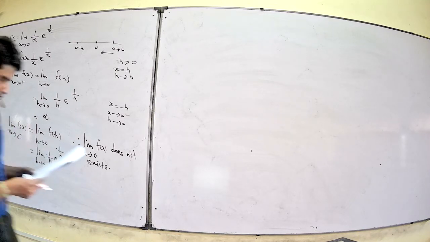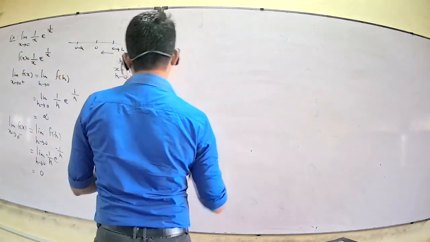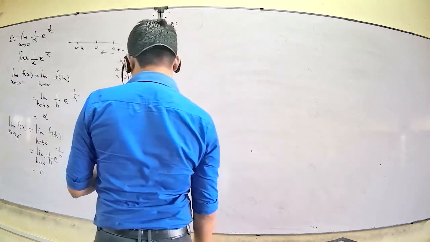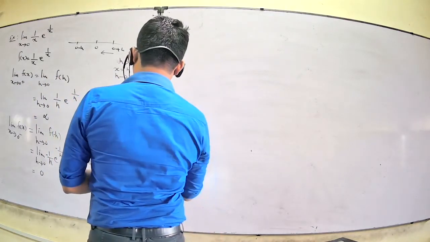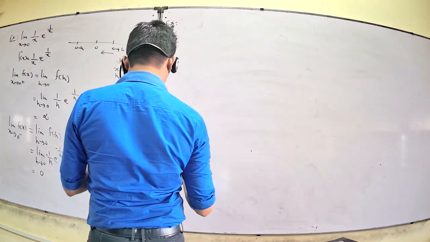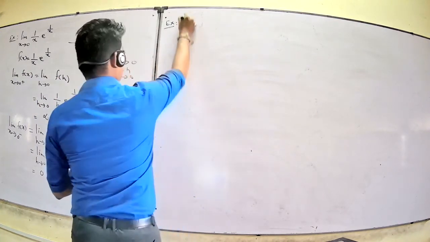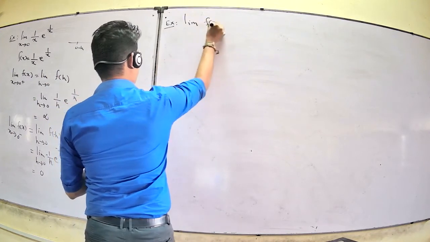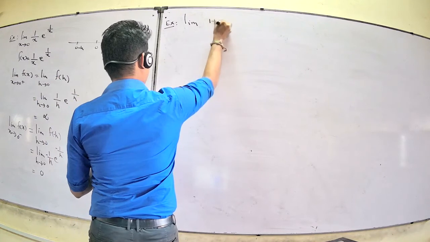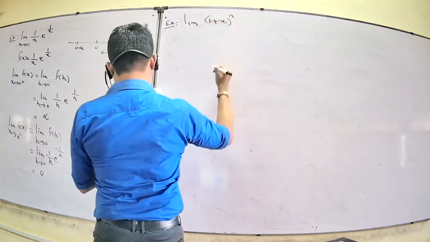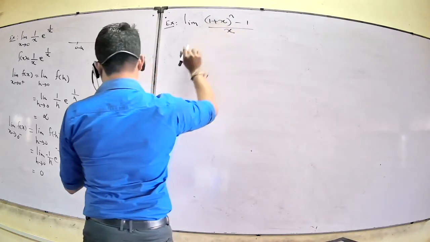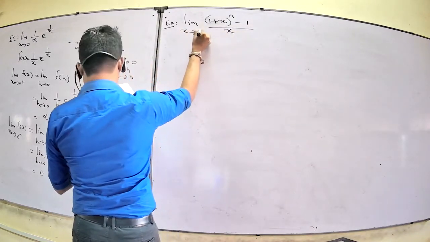Next question. Next exercise, here also you want to check whether this limit exists or not. The limit of 1 plus x to the power n minus 1 over x, a polynomial, as x tends to 0.